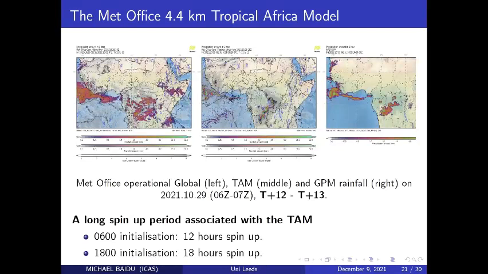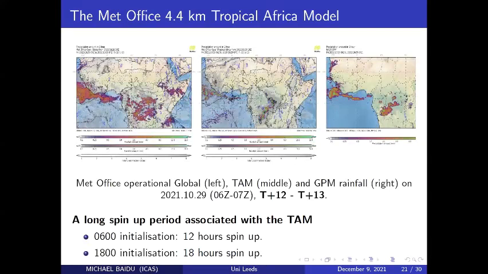The Tropical African model has a long spin-up period, which means that it takes a long time for the model to reach equilibrium with reality. So once the storms are initialized at 6 o'clock, it has 12-hour spin-up. And when it's initialized at 1800, it has 18-hour spin-up.